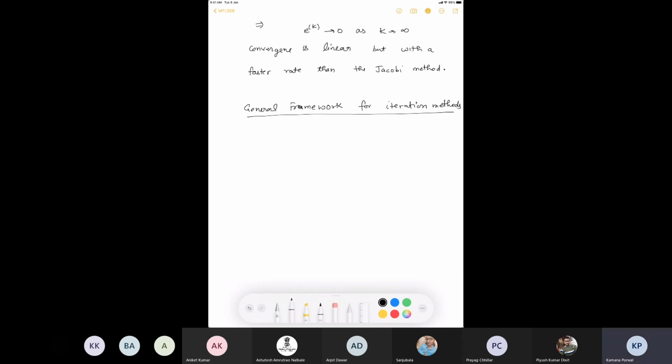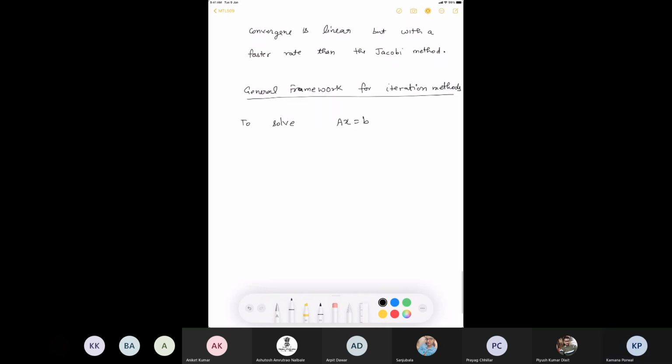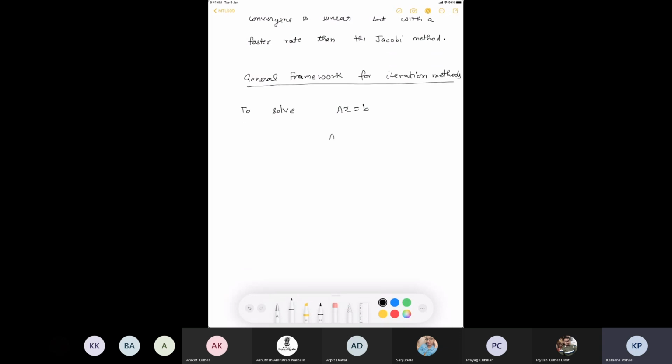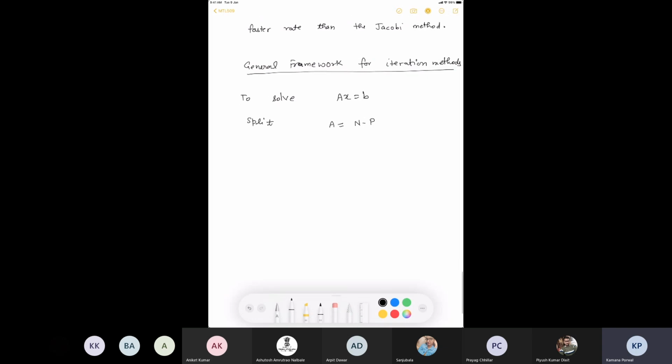What we are interested in is to solve the linear system Ax is equal to b. Here, we are going to split the matrix A as N minus P. We'll see in a minute how we have to design N and P here, because based on how you design N and P, you are going to get a numerical method.